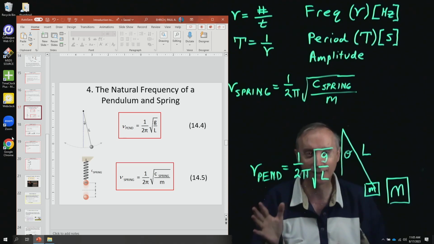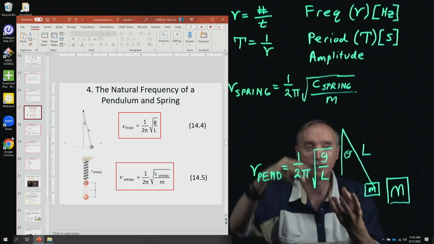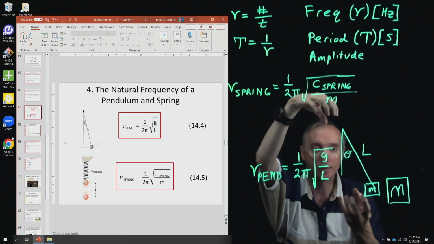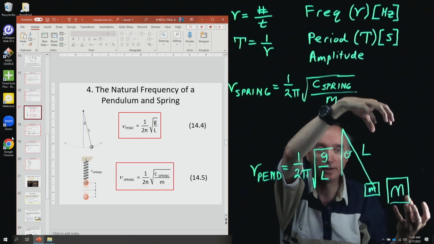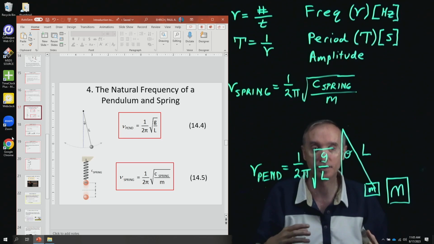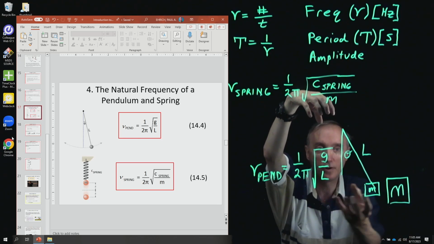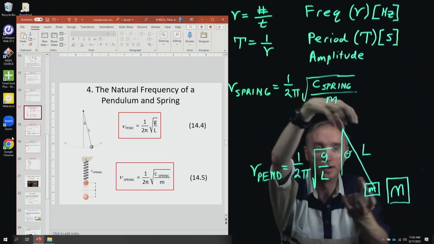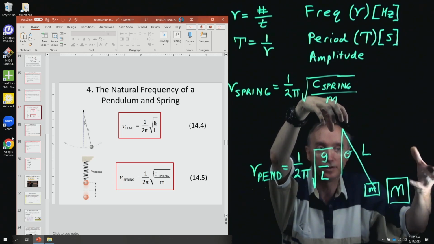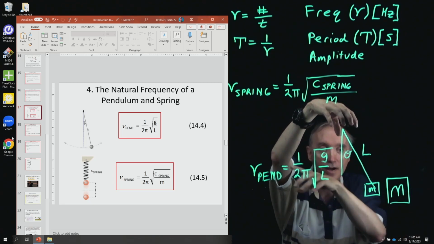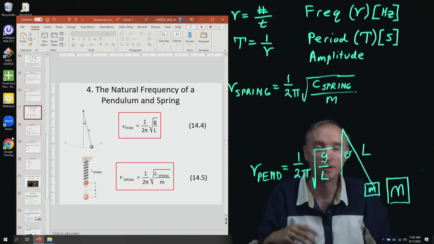Technically speaking, you could have a ping pong ball and a piano. And assuming no air resistance, if you pull the ping pong ball out and let it go, and you pull the piano out and let it go, it's not going to make any difference in the frequency.